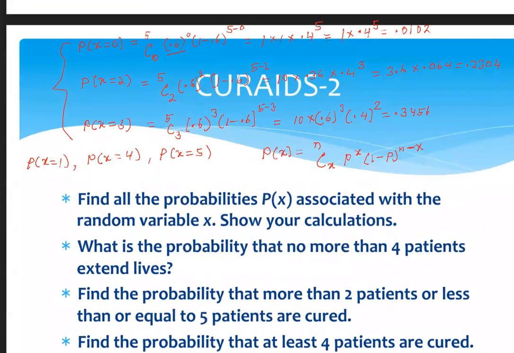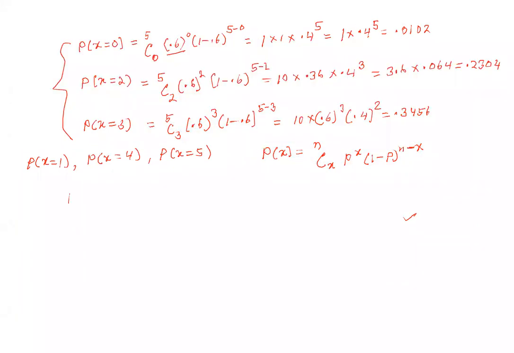Okay. So first find all the probabilities associated, which we did. Probability that no more than 4 patients extend lives. In terms of X, no more than 4 patients means 4 or less, right?